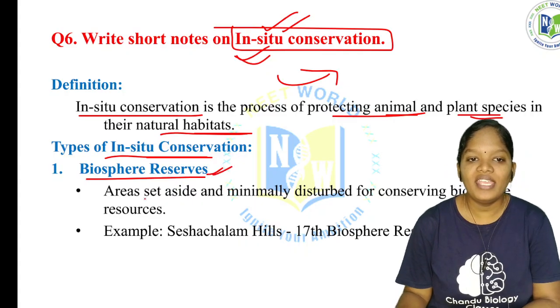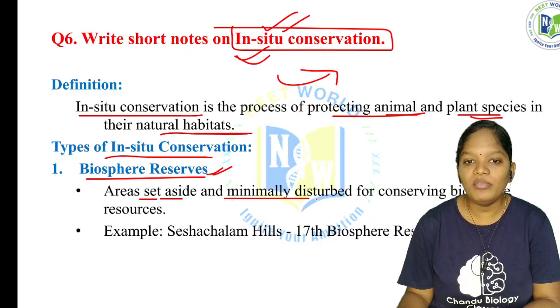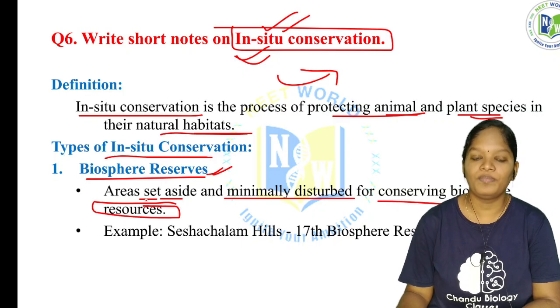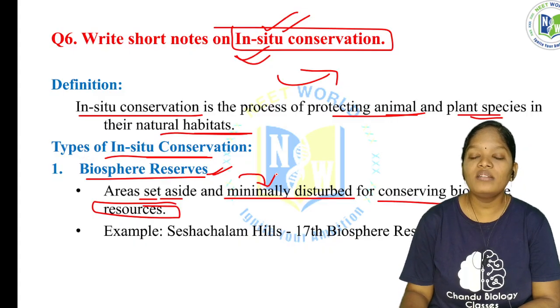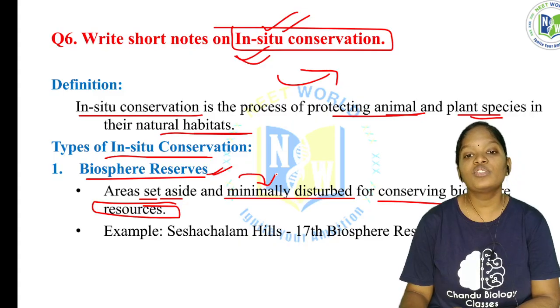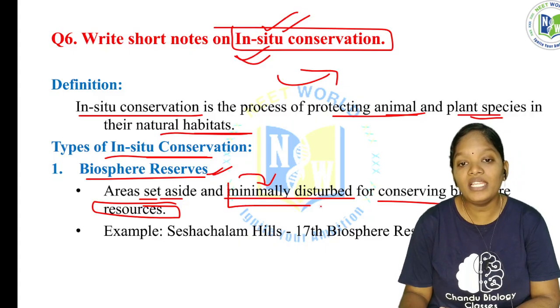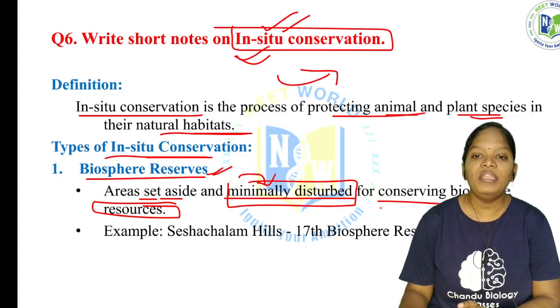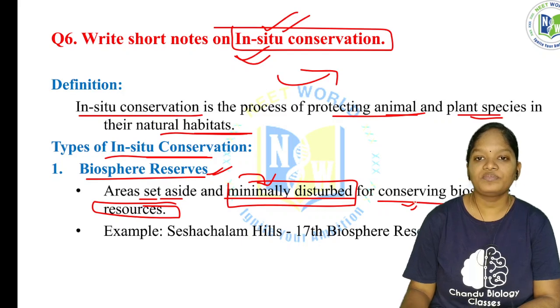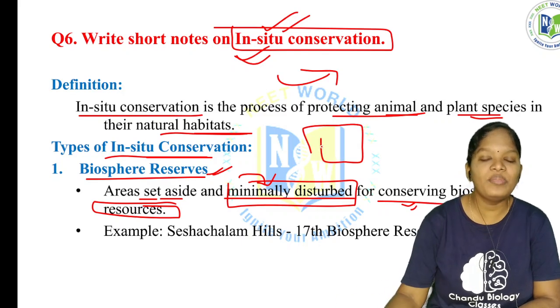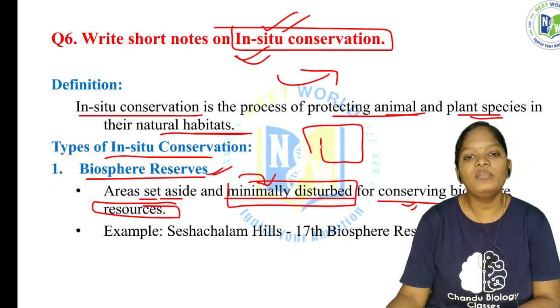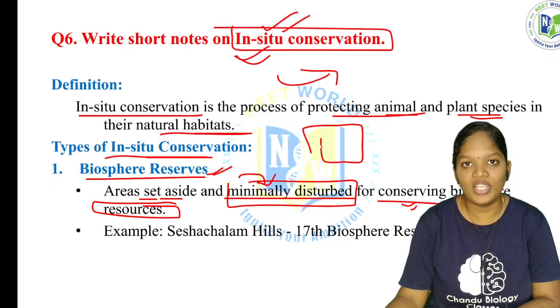This is an area set aside and minimally disturbed for conserving biosphere resources, an area not disturbed by humans. To protect any natural ecosystem, we should not disturb the animals. If we disturb the animals, their life cycle changes.